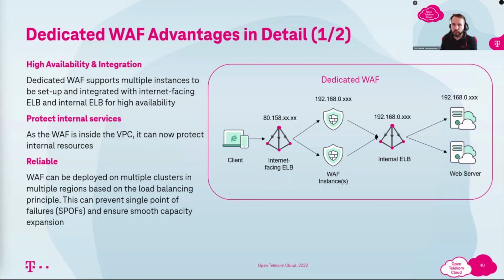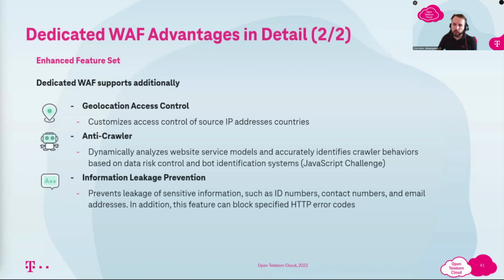And also there is the single point of failure, meaning you are advised to provide multiple instances because they are tied to one availability zone. Like I introduced before, the advantages are also three new features: the geolocation access control, the anti-crawler, and the information leakage prevention. So these features are dedicated to the new WAF type.